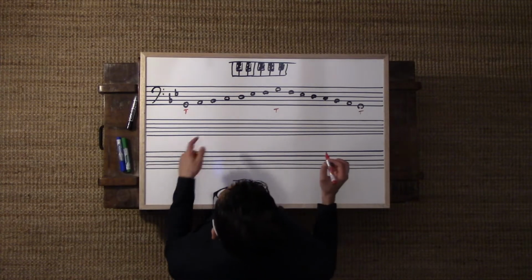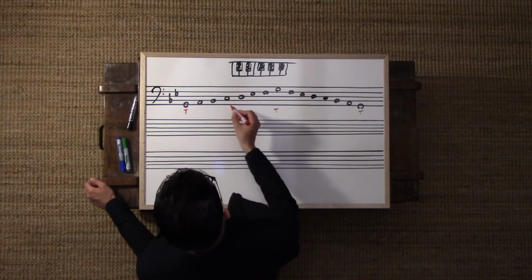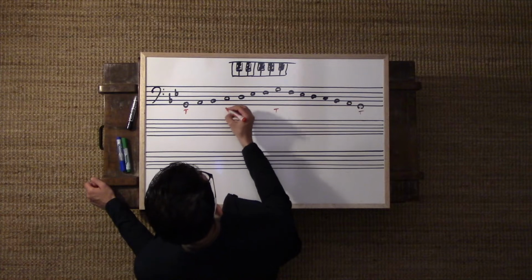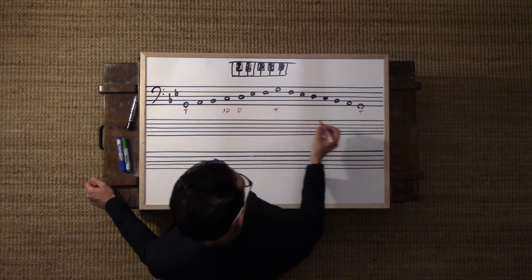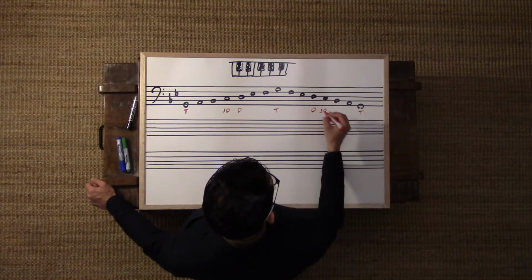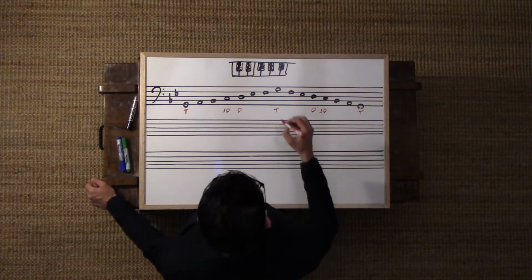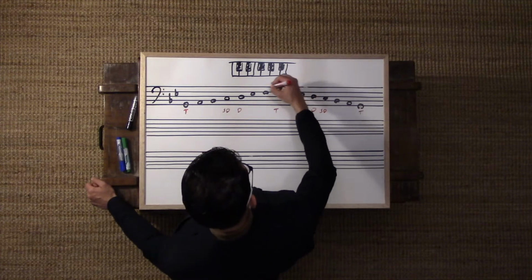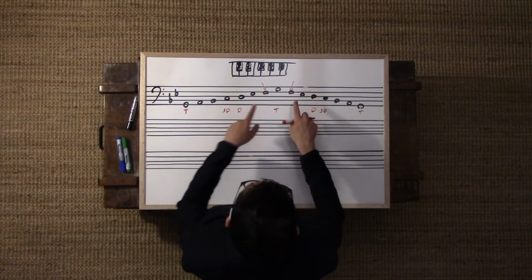Let's label the subdominant and the dominant. In the G minor natural scale, C is the subdominant, D is the dominant, C is the subdominant, and D is the dominant on this side is the same thing. Now, in every other scale we've learned in this lesson, the 7th note of the scale is the leading tone.